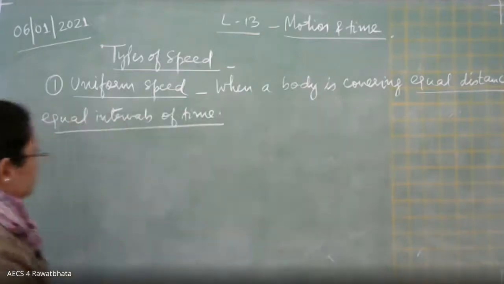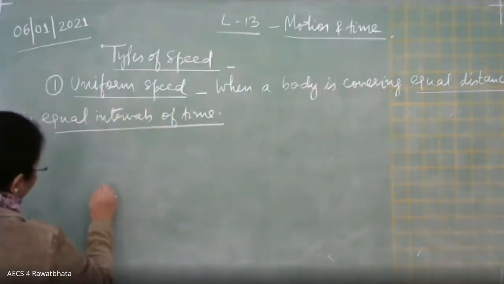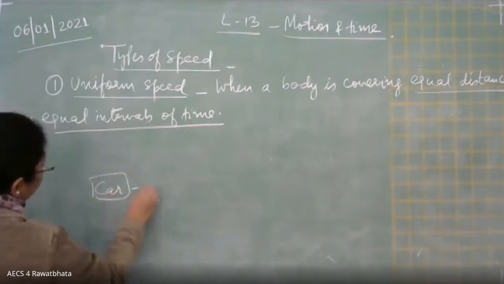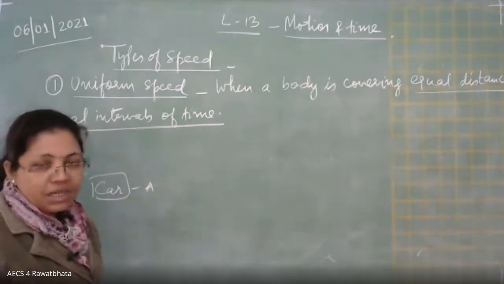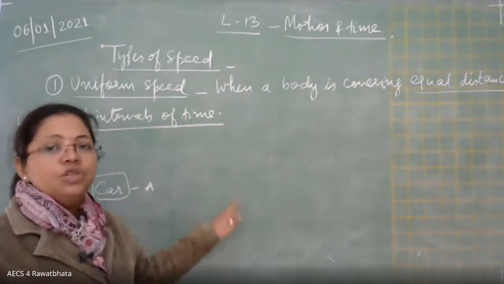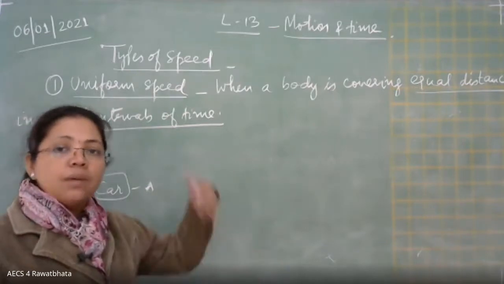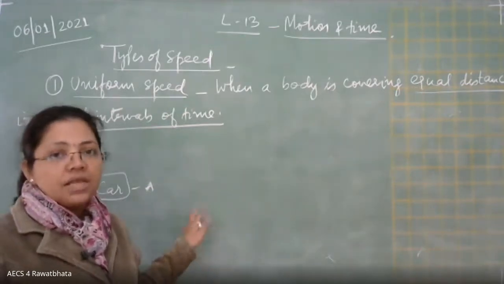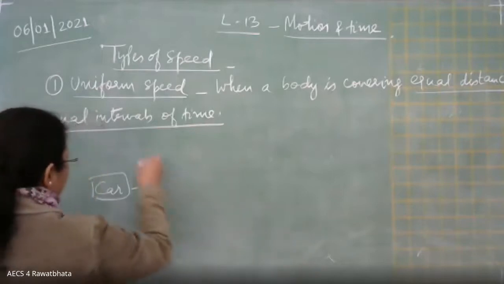For example, we have a car. Again, I am taking this car A, right? Now, this car began to move in the morning at 6 a.m. इस कार ने सुबह 6 बजे चलना शुरू किया, right?